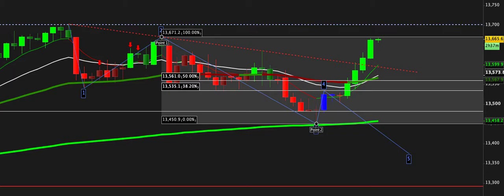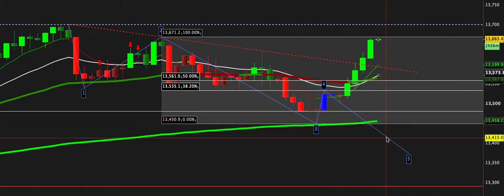What I mean by that is, if I show you this very quickly, we were in this corrective wave of wave 4, and had the Bank of England governor not come out and said that we're not looking to entertain negative interest rates, so fundamentally the pound was given assurance that it could maintain its strength, that's why it rallied today. Had there not been any news, then technically we would have still been bearish, and we would have been looking for an N shape to come down and retest wave 3.